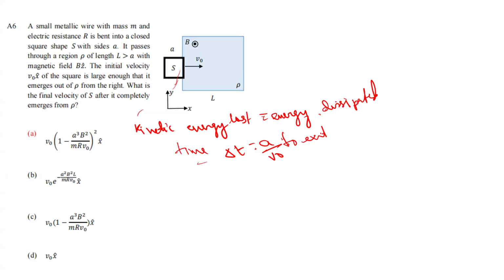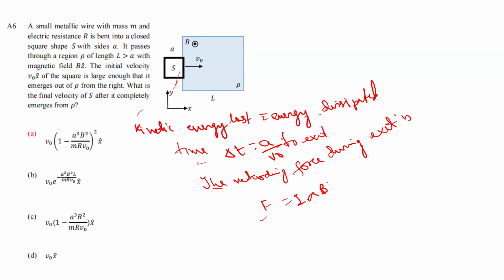During this time, the EMF opposes motion, generating a retarding force. The retarding force during exit is F equal to I into A into B, where I is the induced current.